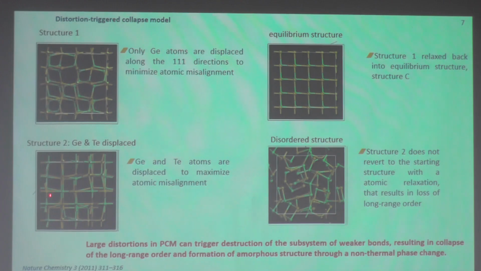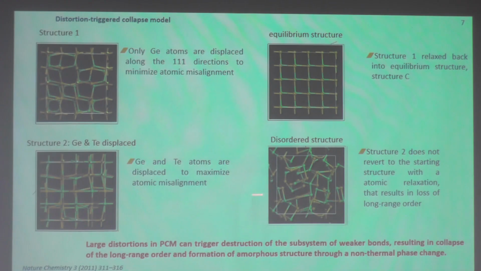But if you have a high distortion in the system, then the system cannot relax back to the initial state, and it transforms to a disordered structure. So large distortions in PCM can trigger the destruction of the subsystem of bonds, and this results in collapse of long-range order and transformation to the amorphous phase.